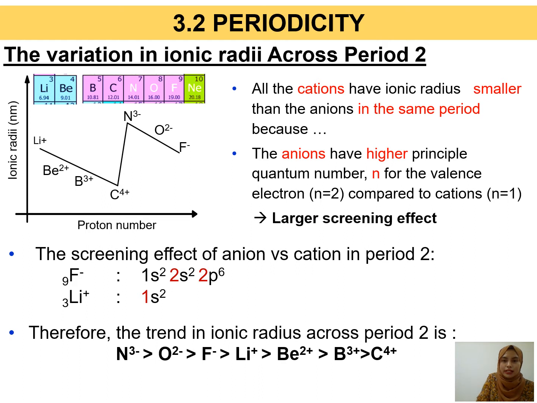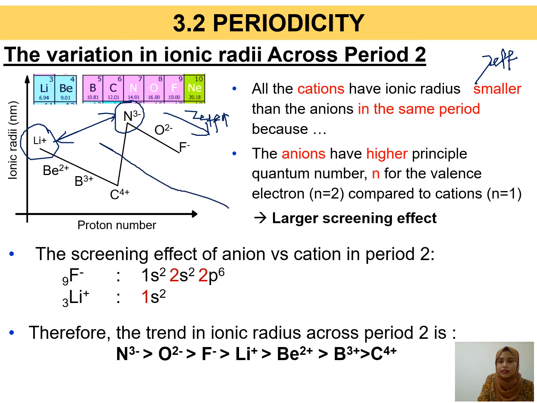Cation size is small because of Zeff. If you want to explain the trend from N to F, the size is smaller because Zeff increases. But to explain the difference between cation and anion, you have to say the anion is bigger than the cation because the anion has a larger screening effect, a larger shielding effect.